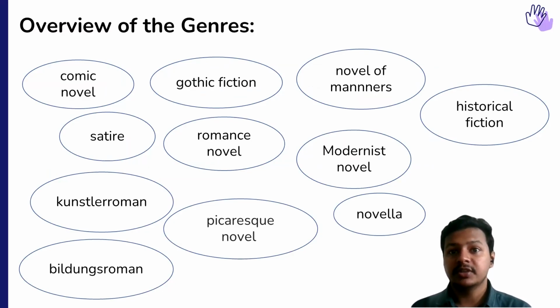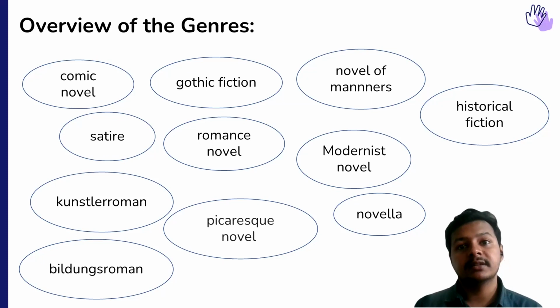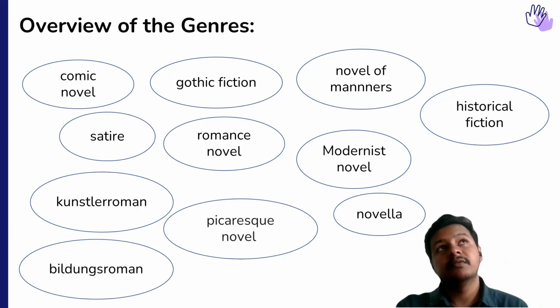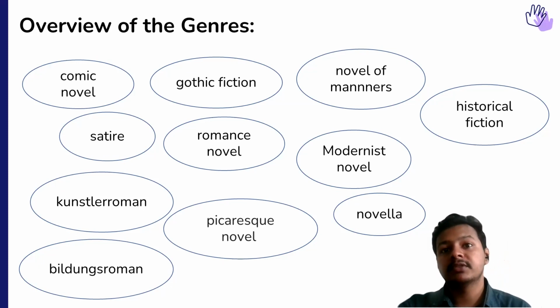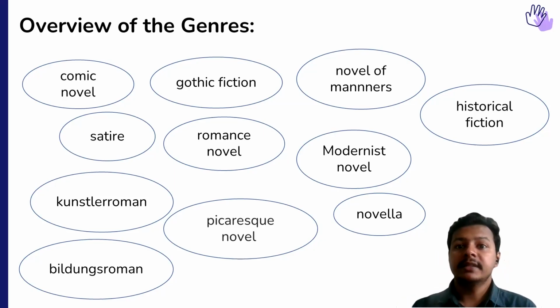There are novellas, which are very short forms. There is historical fiction, of course, which gives more importance to the historical context during the time when the novel was written or during the time of the story that's discussed in the novel. Novel of manners that focuses more on ethics, morality within the story.